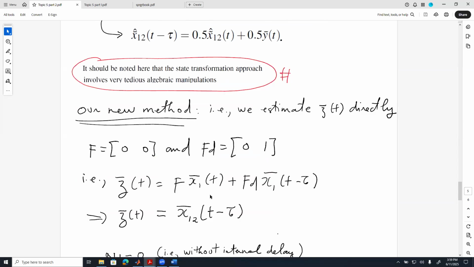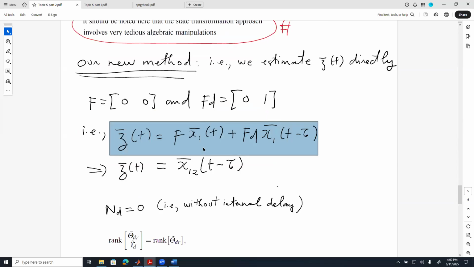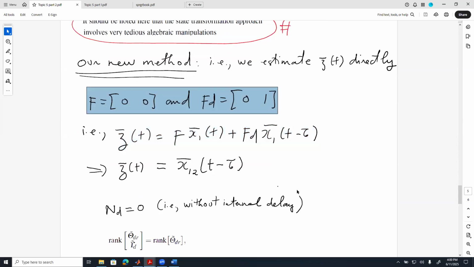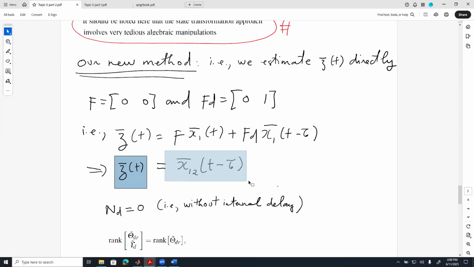So with our new method, we estimate this directly, choosing the F and FD according to the following. That means we estimate this delay stack variable.